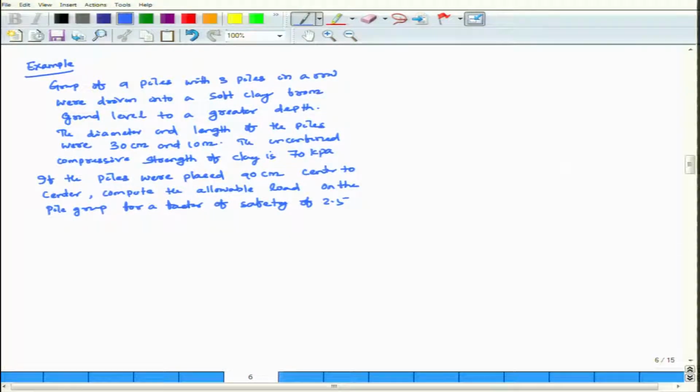This is the question. A group of 9 piles with 3 piles in a row.